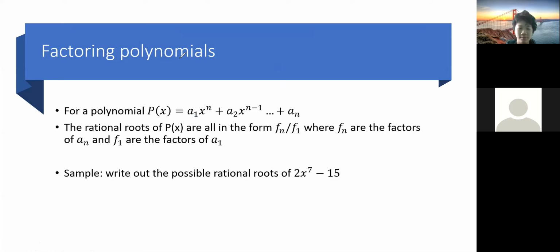If we want to factor this polynomial, all the rational roots can be stated in the form f(n) over f(1), where f(n) are the factors of a_n, and f(1) are the factors of a_1. So this method allows us to find the rational roots.